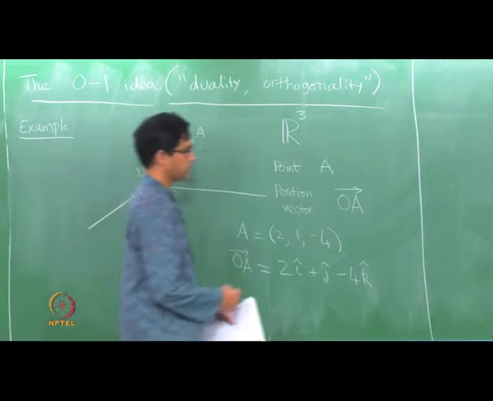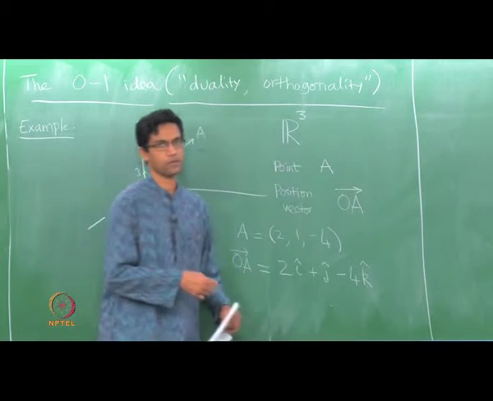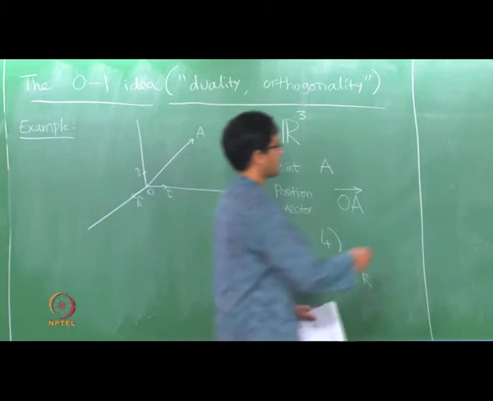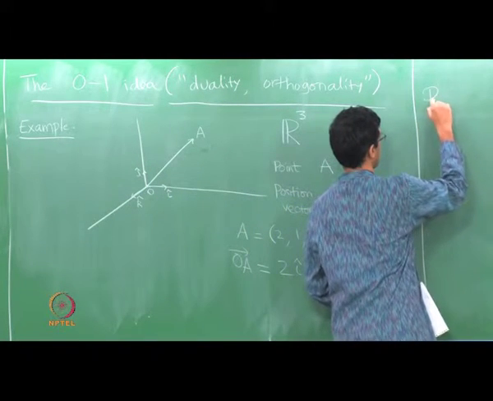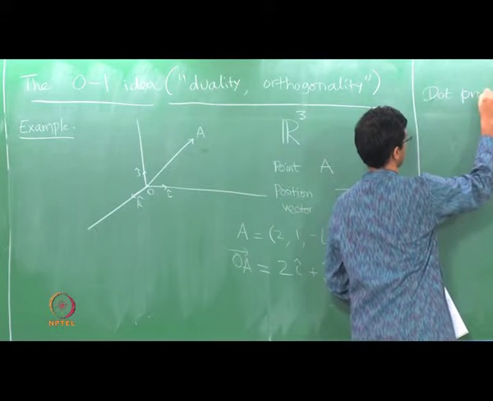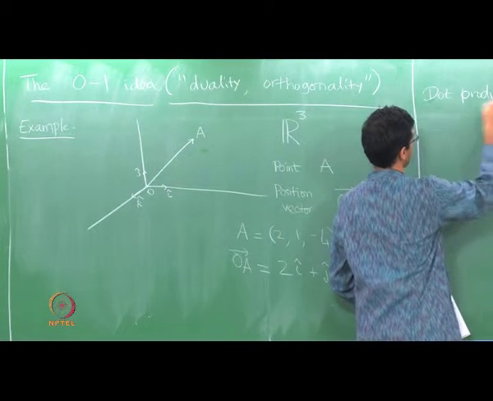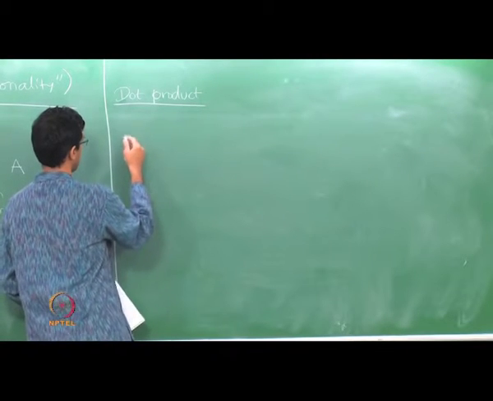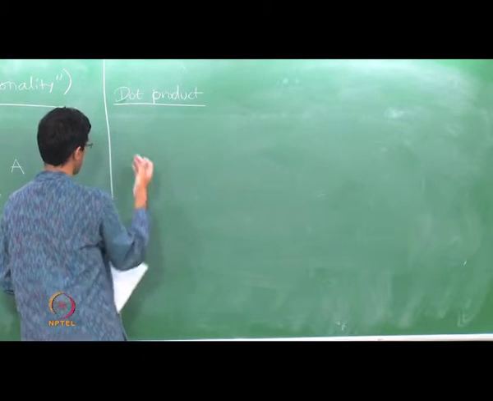Now there are natural operations that one can perform on vectors. There are 2 of them called dot and cross product. For now let us just recall what the dot product of 2 vectors means, again by example.